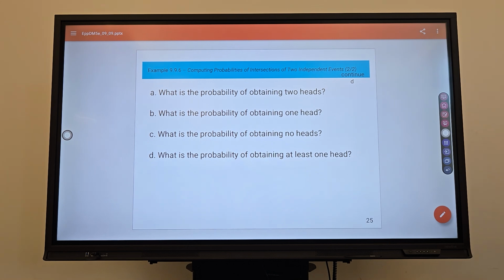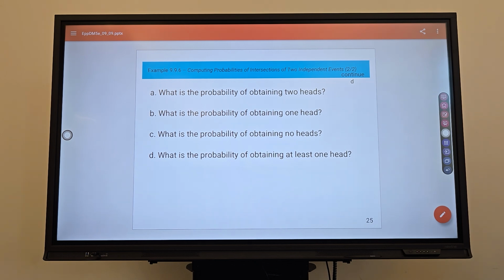What is the probability of obtaining no heads? Well, that would be the probability of tails on both, which is 0.4 times 0.4, or 0.16, 16%.